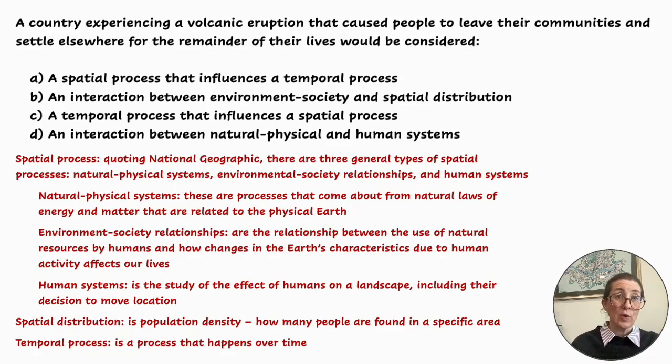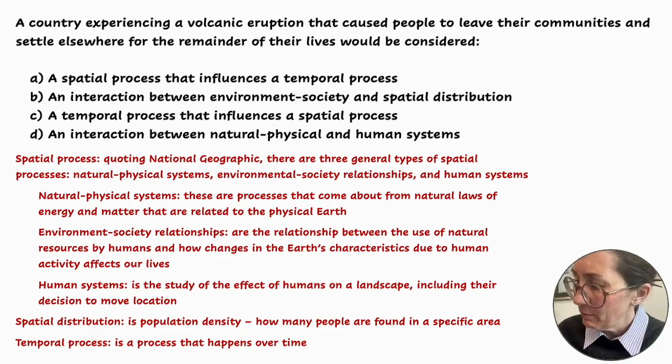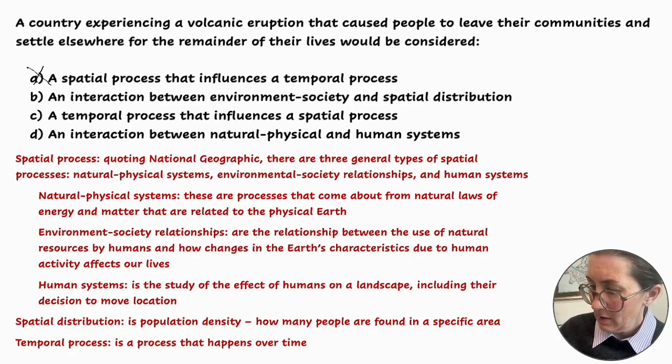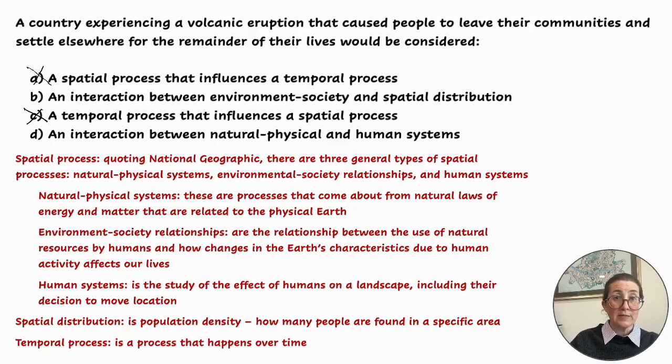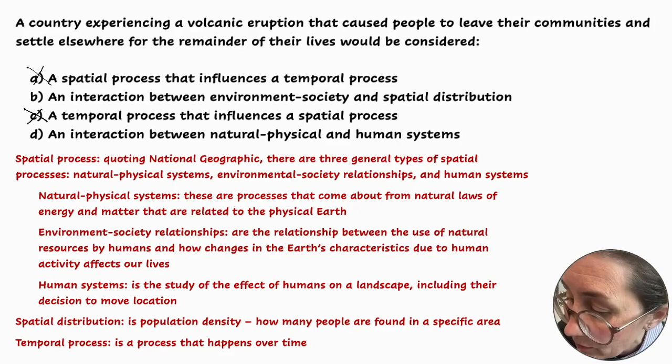So let's go back to the question. A country experiencing a volcanic eruption and people move, presumably immediately. So I think we can rule out temporal processes. So it's down to B or D. An interaction between environment, society, and spatial distribution. I don't think this has anything to do with population density, so we can rule that out.